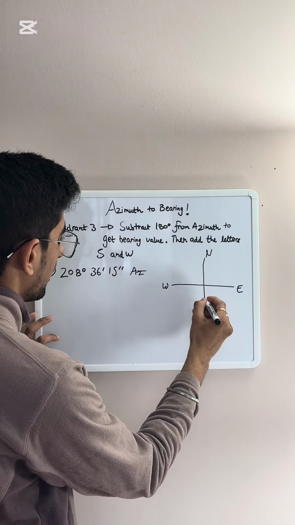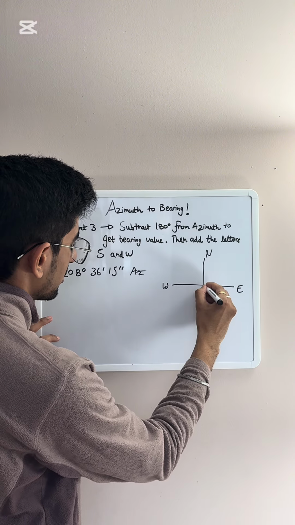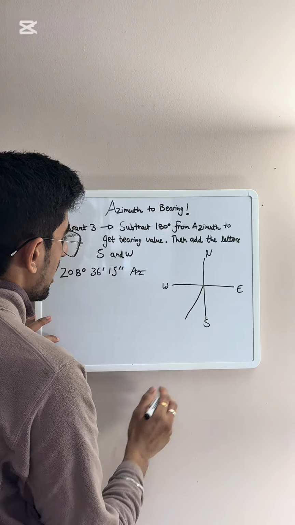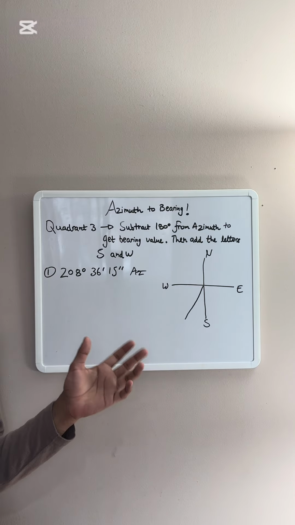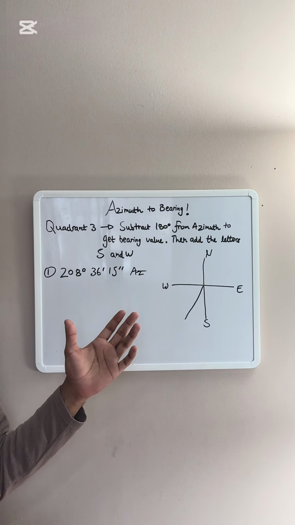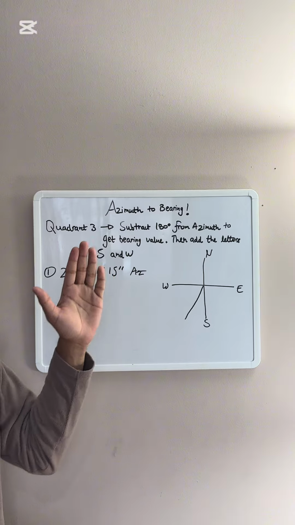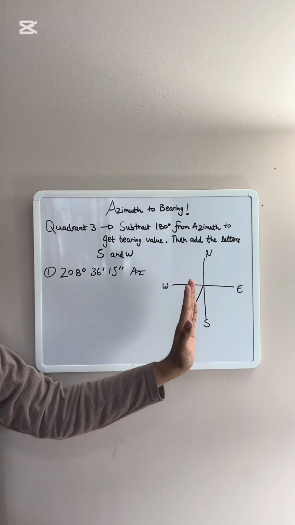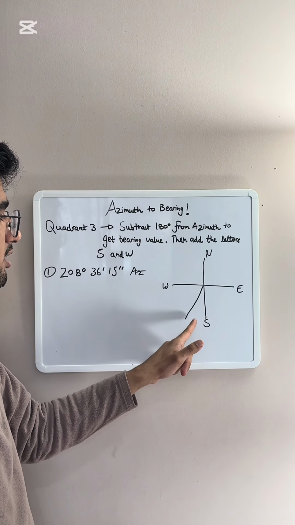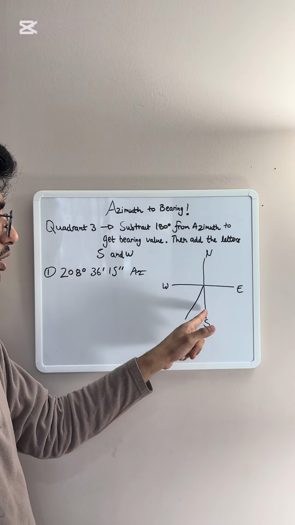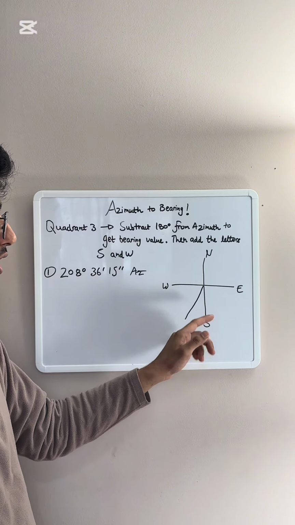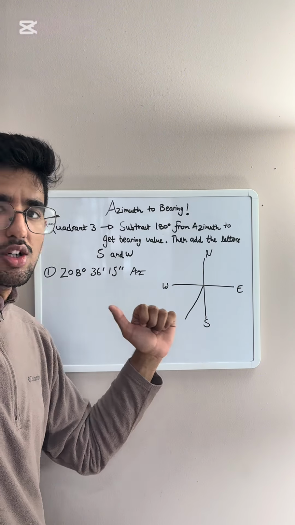And as I mentioned, azimuths are always referenced from north or south, and then go east or west. When you look at this line, it is on this side, so it would be referenced from south, and it's oriented towards west.